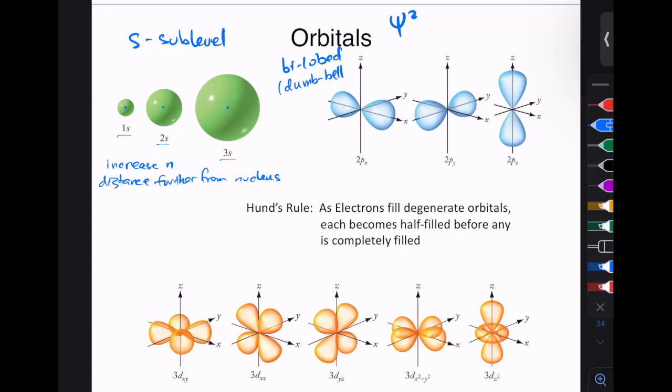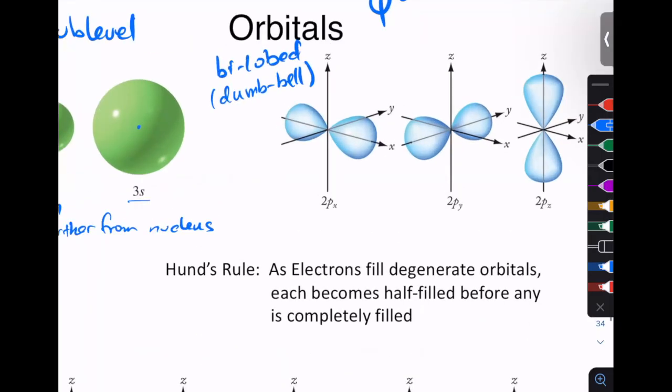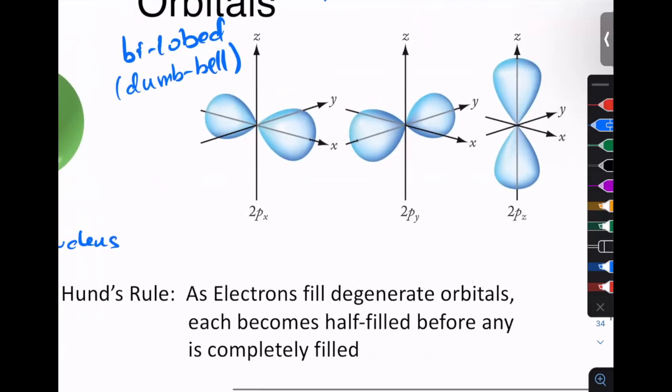dumbbell shapes. And it's a little deceiving because when you look at them, you say, oh, well, there's 2. Like if I just look at this one over here, oh, well, there's 2 lobes. So there's 2 orbitals there. No, that's one theoretical distribution for one of the orbitals. This is one orbital, and we're arbitrarily labeling that in the X orientation.